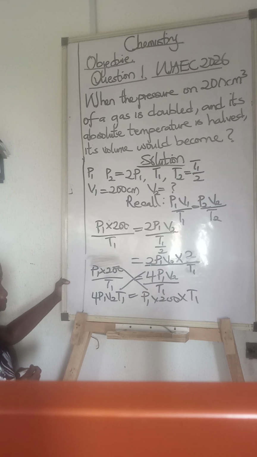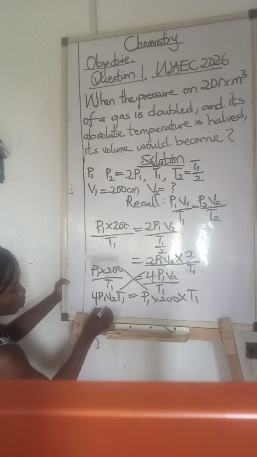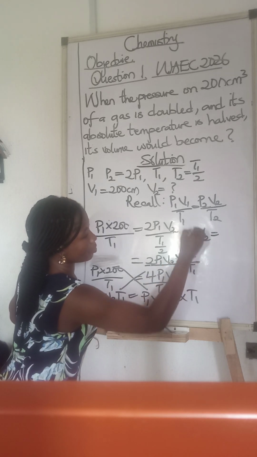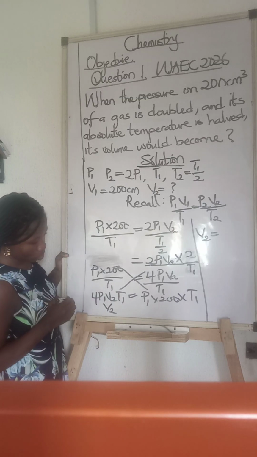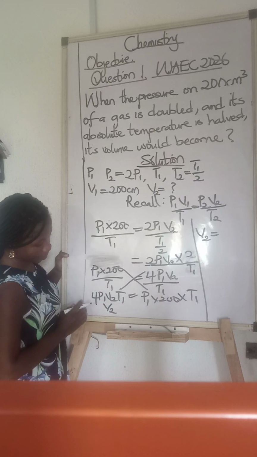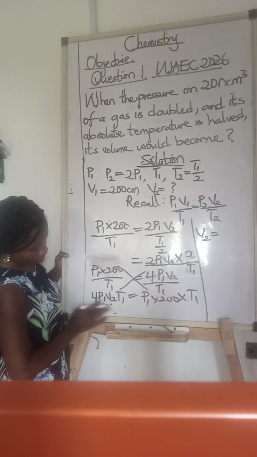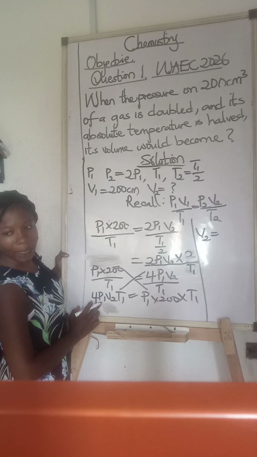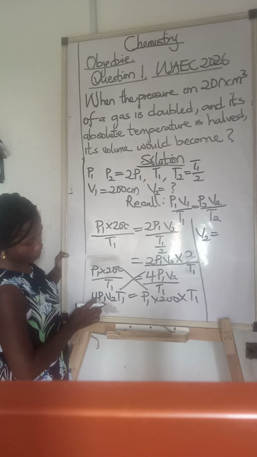So we can make V2 the subject of the formula. V2 will now be equal to what? Everything here will leave V2. T1 and 4P1 will leave V2.